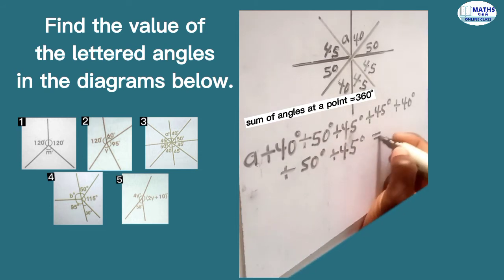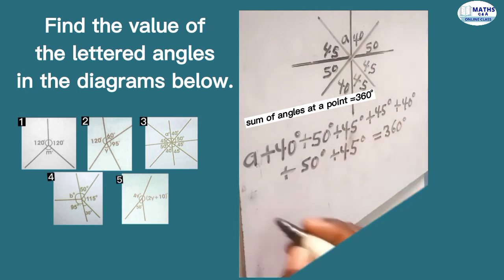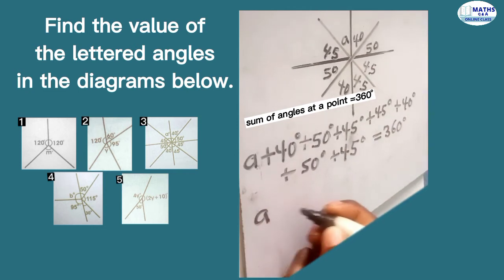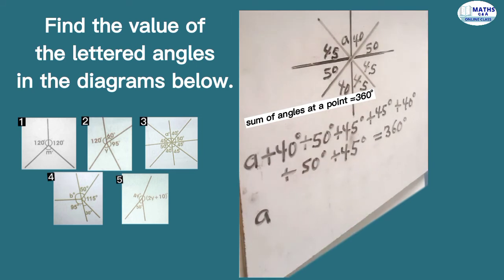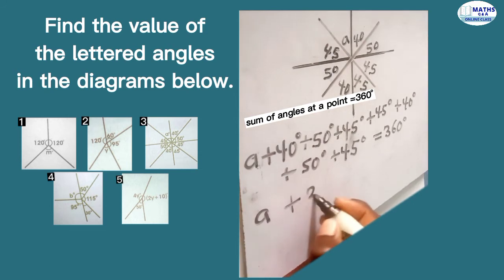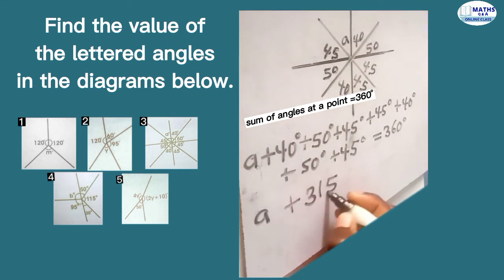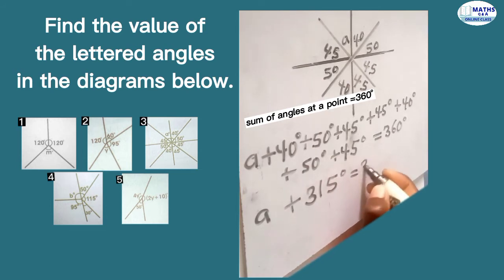So all of these will be equated to what? 360 degrees, right? So we have A here. Then you add 40 plus 50 plus 45 plus 45 plus 40 plus 50 plus 45. That gives us what? 315 degrees, right? So A plus 315 degrees is equal to 360 degrees.